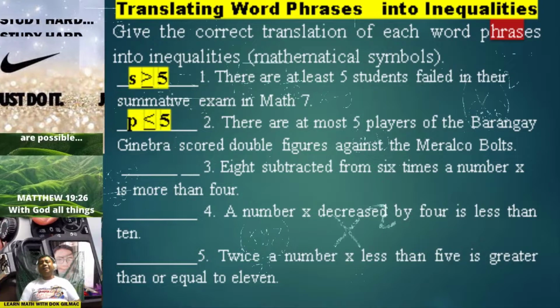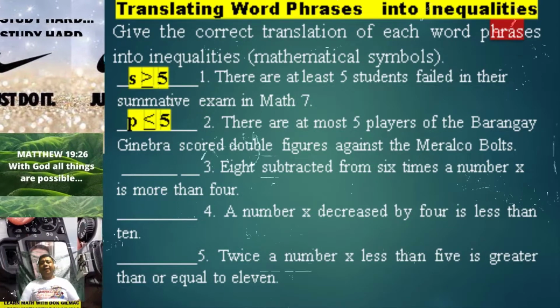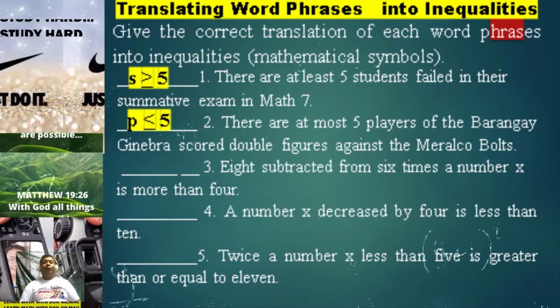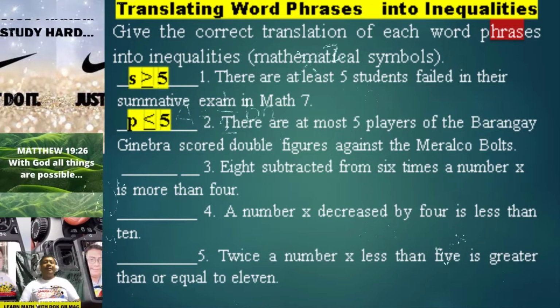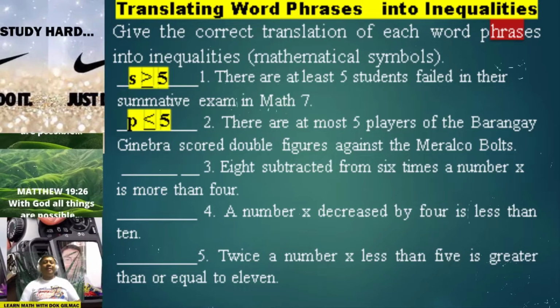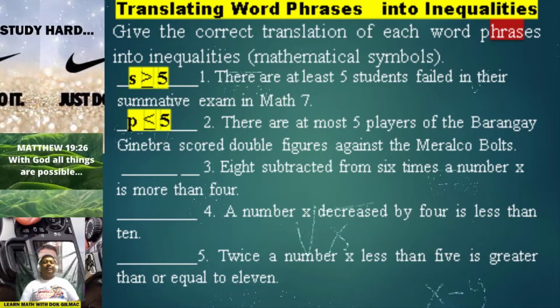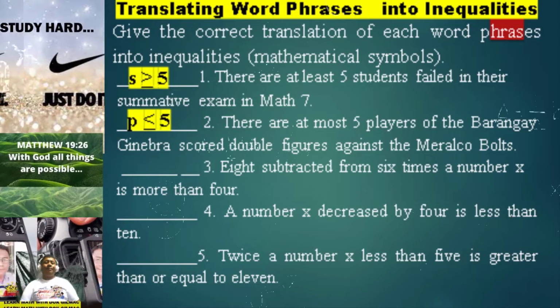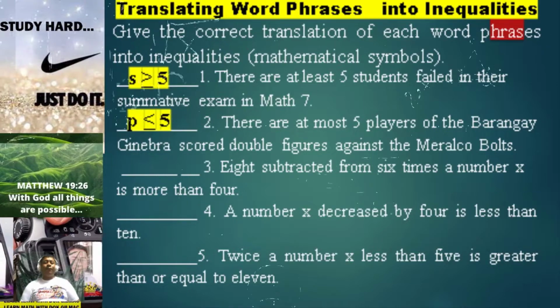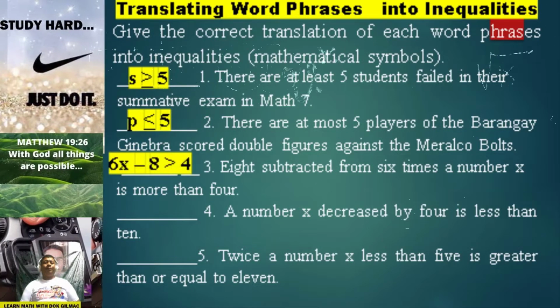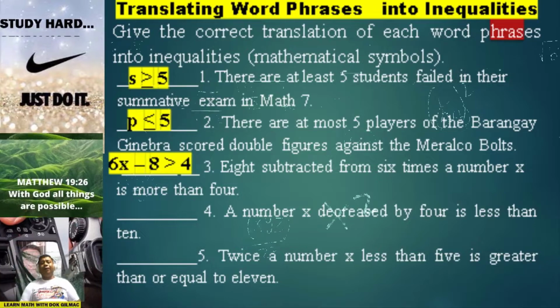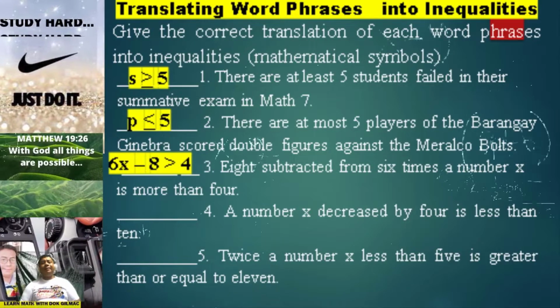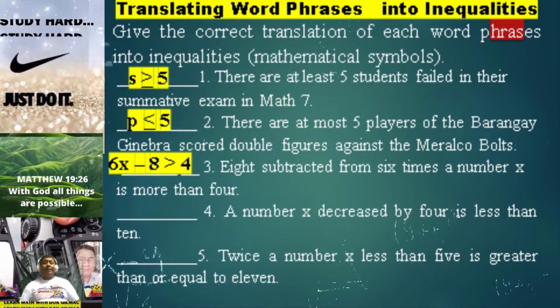Number 3, 8 subtracted from 6 times a number x is more than 4. 6 times a number x is 6x. So we have 6x minus 8 is more than 4. Number 4. A number x decreased by 4 is less than 10.